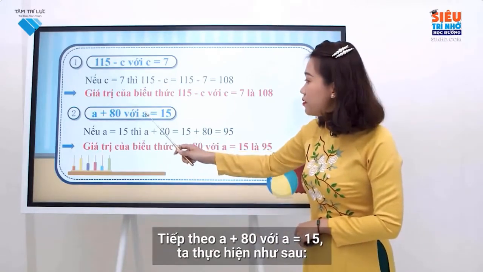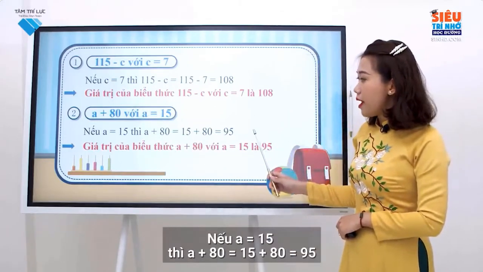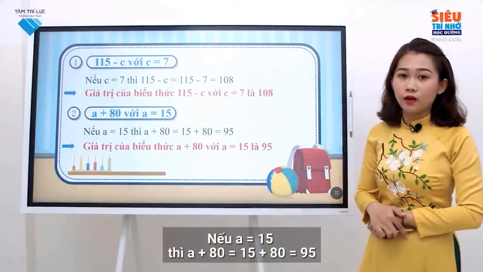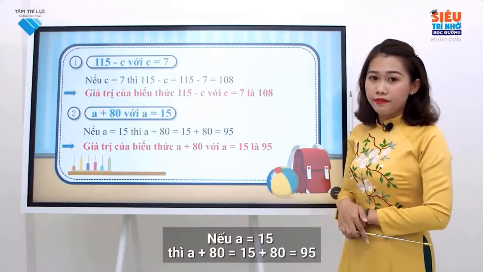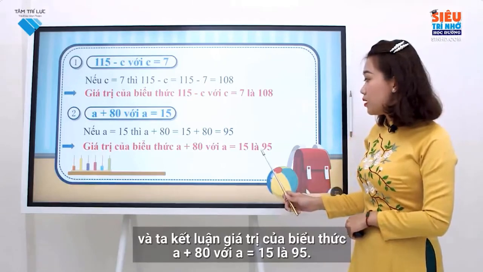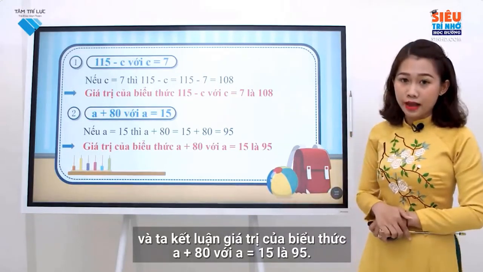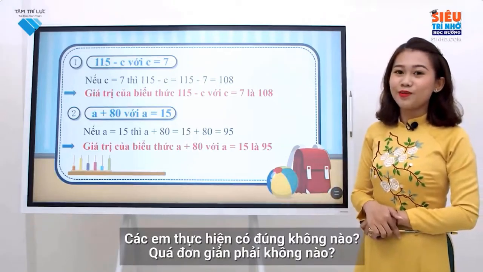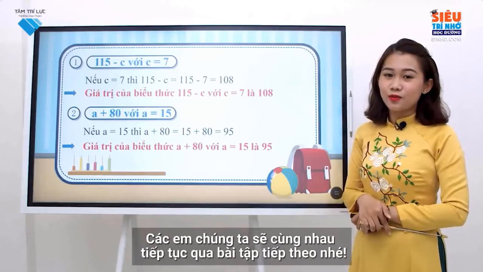Next, a plus 80 with a equals 15. If a equals 15, then a plus 80 means 15 plus 80 equals 95. And we conclude that the value of the expression a plus 80 with a equals 15 is 95. Have you done correctly? Too simple, right? Let's do the next exercise.